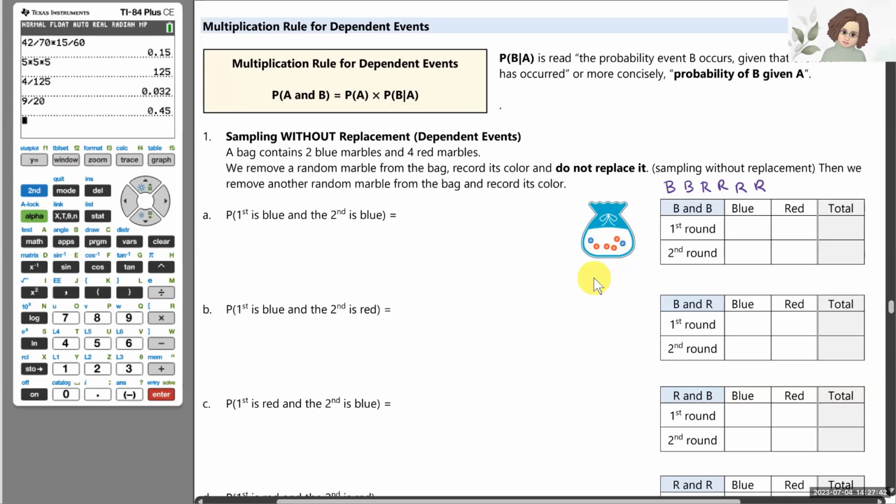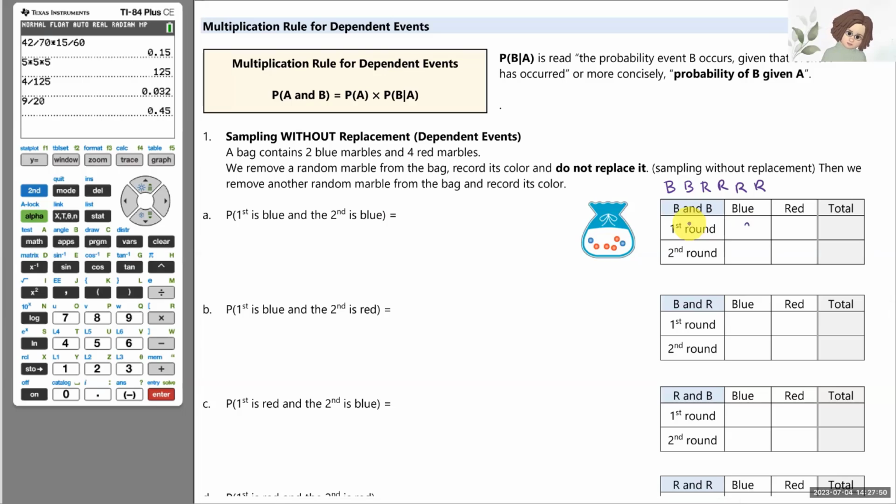And what I'm going to be doing is picking a marble and trying to find the probability it's blue. So the first round of picking, I have 2 blue and 4 red for a total of 6 marbles. And I want to know the probability of picking a blue one. So 2 out of the 6 are blue.